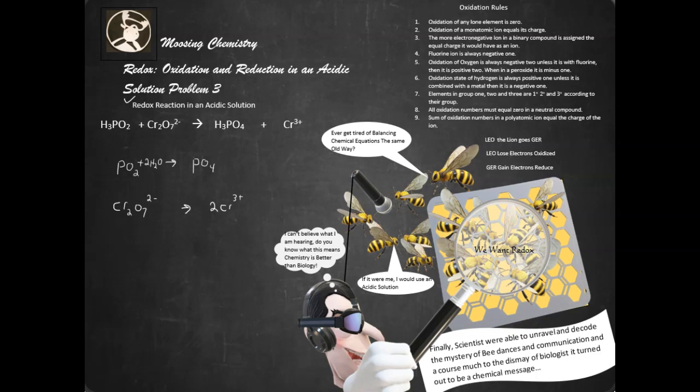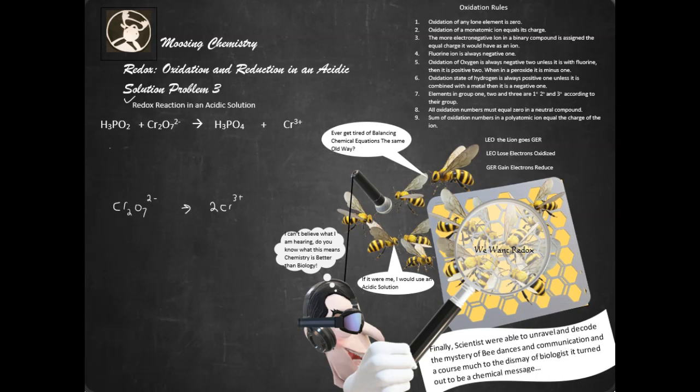Now the next thing we're going to do is we're going to have to change a few things here. Look at the first reaction, all right? PO2 plus H2O yields PO4. So let's make that look a little bit better. That's okay if this video goes a lot longer than normal because this one is definitely a very hard problem.